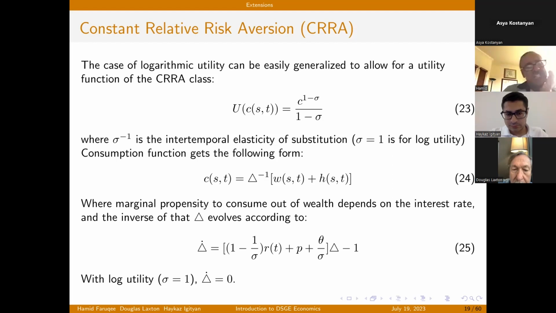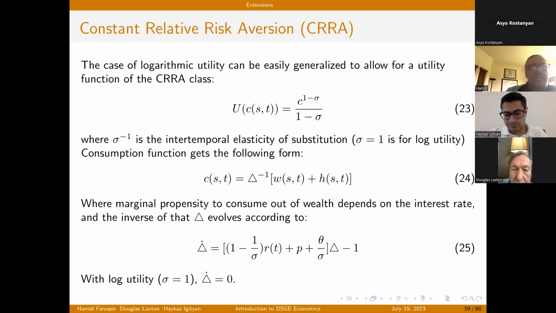So we've been talking about a special case where the evolution of that delta that you see in equation 25, where that MPC is a constant, so that delta dot is equal to 0, and you have the marginal propensity to consume as a fixed fraction, theta plus p. This is what it would look like under the CRA utility equation.